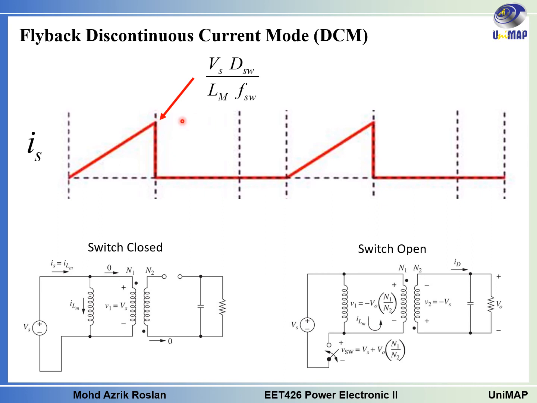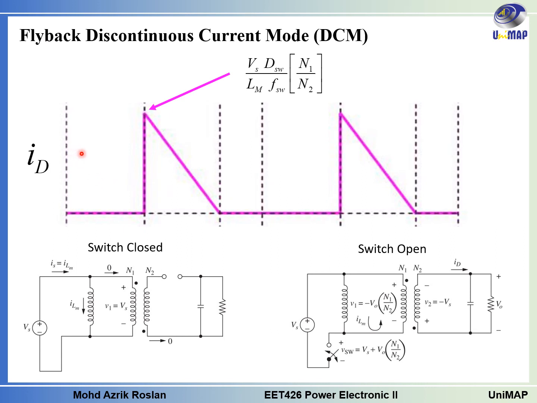Remember when we derived the equation for the flyback converter, during the switch on time, this is the value of delta IL. So we have the maximum value here, the same as that. After that, the value will straight away drop to 0 because the switch is opened, and then at the next cycle, this is the T, it will increase again at this point.